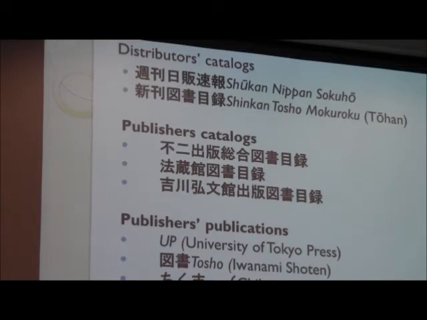And also, publishers have their own serial publications. Like in the case of University of Tokyo Press, it's UP, Iwanami Shoten has Tosho, and Chikuma Shobo has Chikuma. Those publishers' serial publications are useful because they discuss their publications, and also have some small news and articles not necessarily related to their own publications, like independent articles.